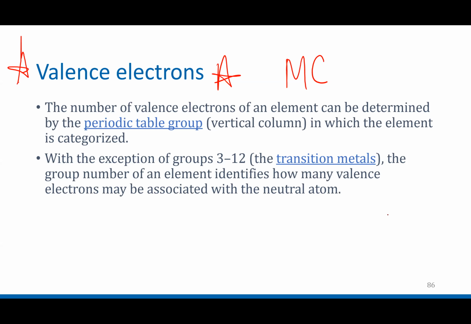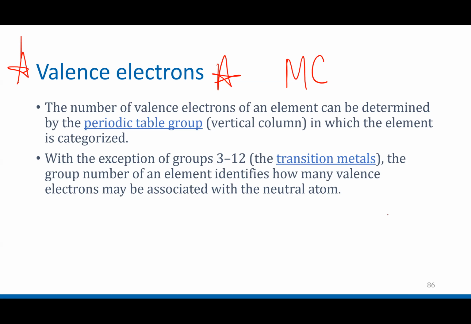Using the periodic table, is there an easy way to figure out how many valence electrons there are? Yep, there's a really easy way. It's based on something on the periodic table called group number, which I'll show you in a minute.